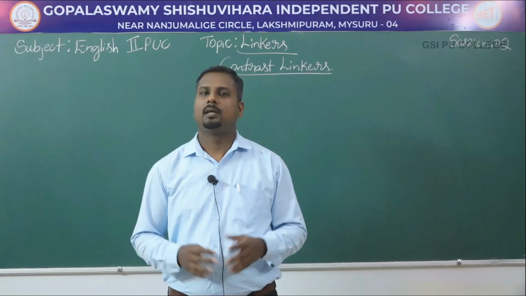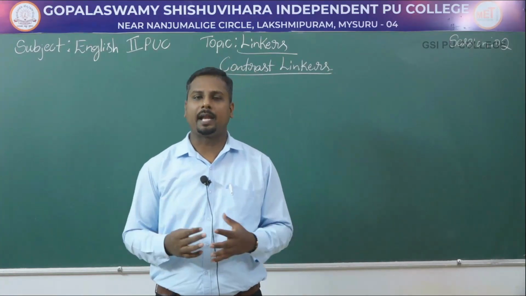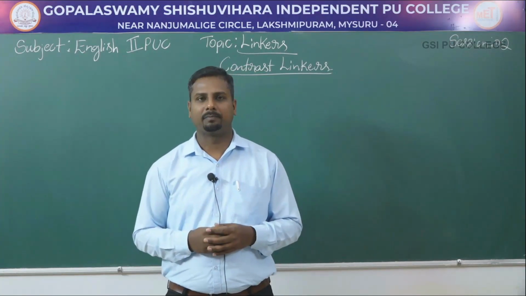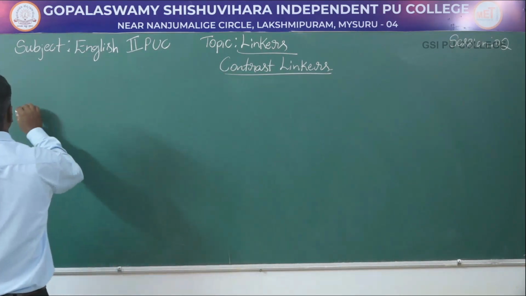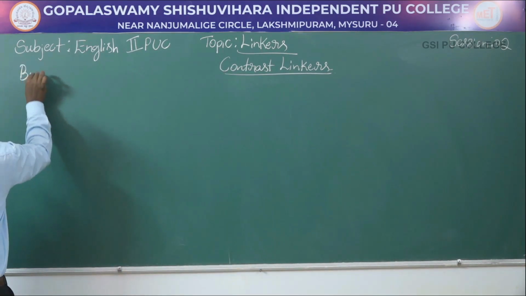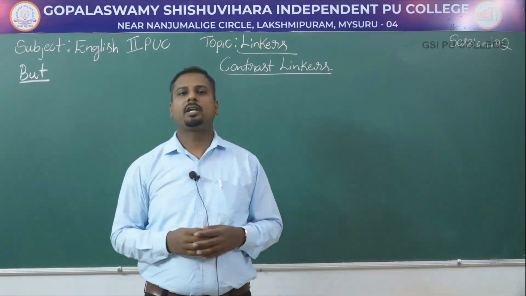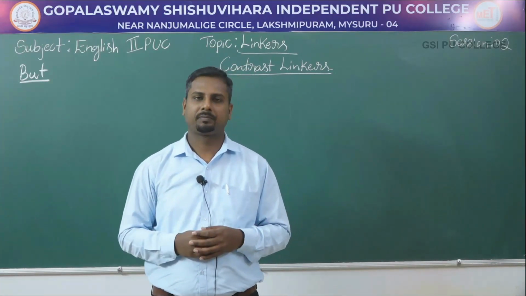Now let us look at contrast linkers. Contrast linkers are used to connect ideas that have opposite meaning, that have contrast meaning. The word but is the most commonly used contrast linker in English.